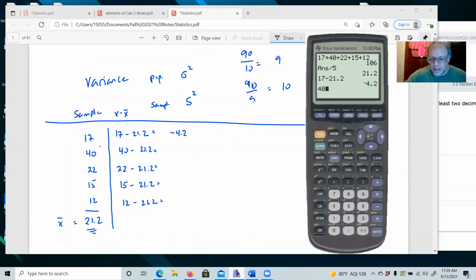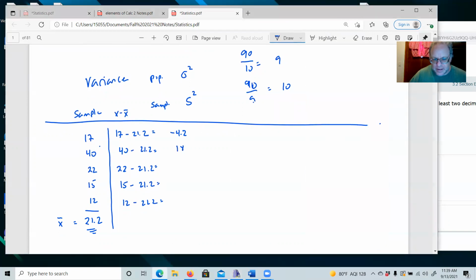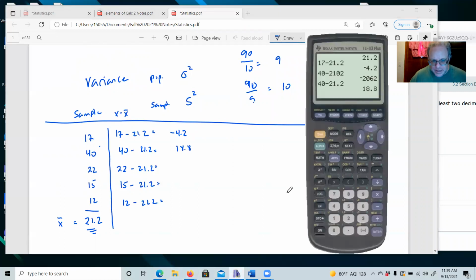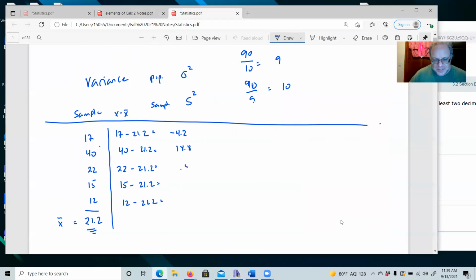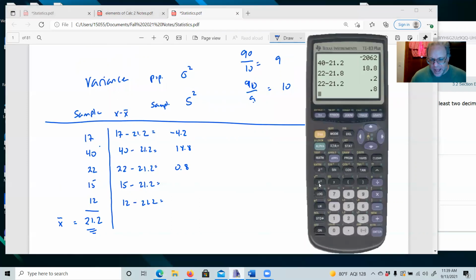We have 40 minus 21.2, 18.8. Then 22 minus 21.2, 0.8. Then 15 minus 21.2, negative 6.2.